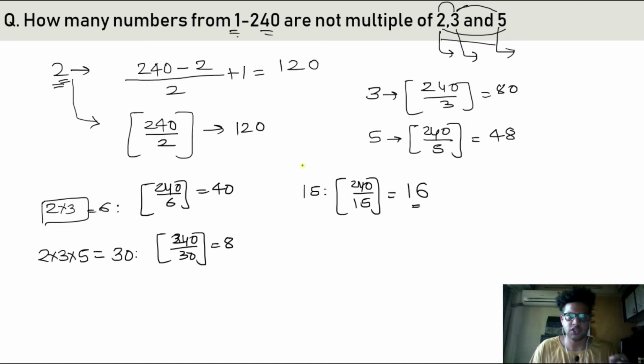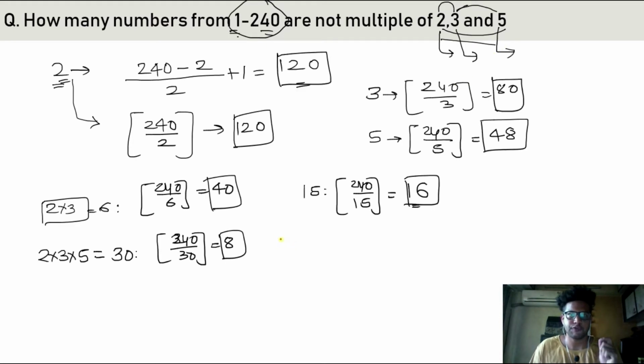Now that we have got all the possible answers, we will find all the numbers within this range which are multiples of 2, 3 or 5, and then we will subtract that number from the total numbers between 1 to 240, which will give us the final answer. To find the multiples of 2, 3 or 5 in the given range, we add the multiples of 2, which is 120, plus multiples of 3, which is 80, plus multiples of 5, which is 48, minus multiples of 6, that is 40, minus multiples of 15, that is 16.